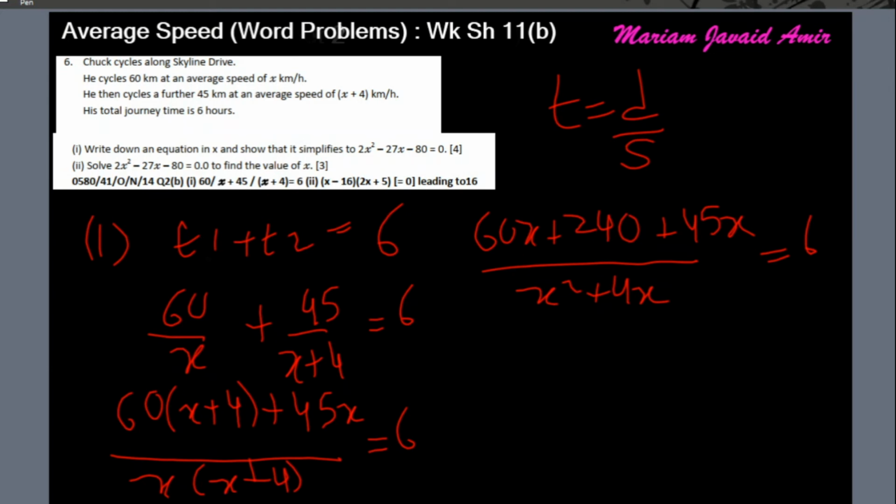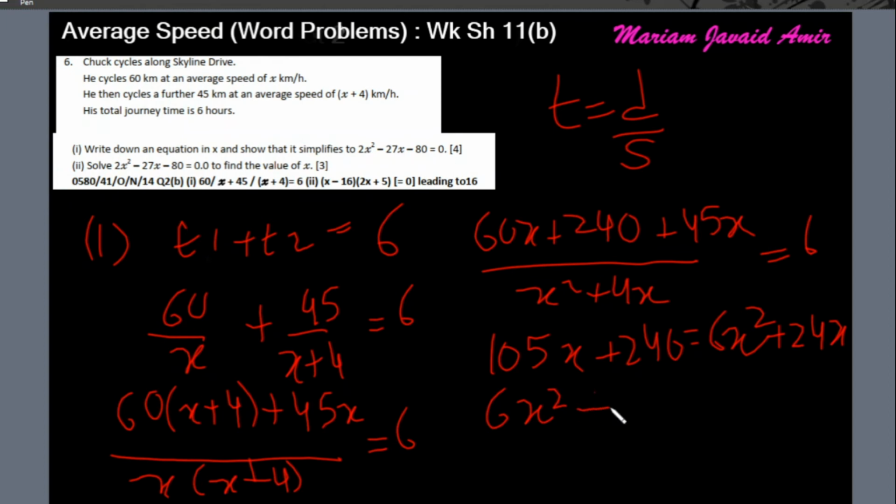Simplify the numerator and we get 105x plus 240 equals 6x squared plus 24x. Rearrange, we get 6x squared minus 81x minus 240 equals 0.